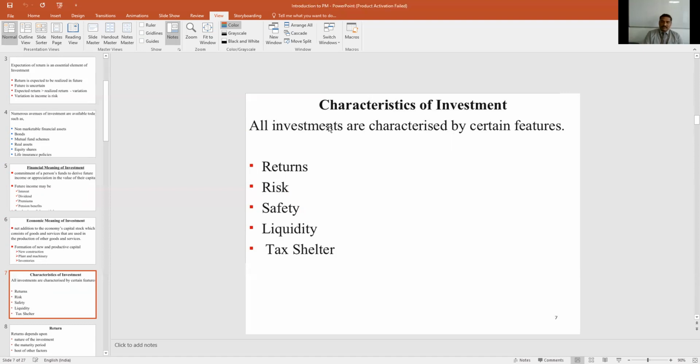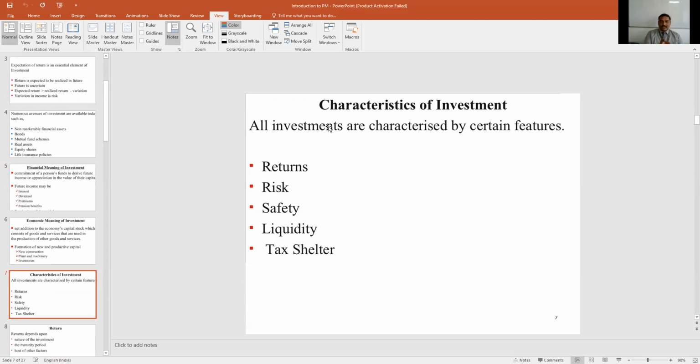And next thing, liquidity. Whenever you need funds for any emergency, you should be able to convert your investments into funds immediately. So liquidity is very important, whether you are able to convert it into immediate funds. And next is tax shelter. You might be studying income tax, and different provisions are there to make a tax shelter.